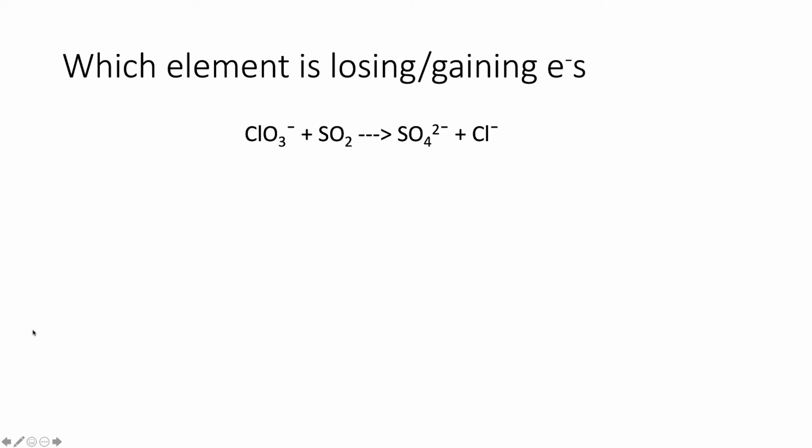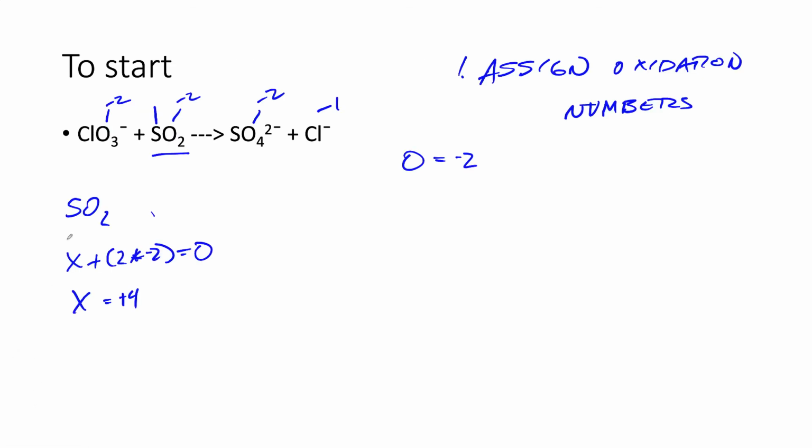Sorry, I lost my pen. Let me get this back. For some reason, it decided to be on automatic. So that's a +4. What's the sulfur on this end? On the right-hand side, we've got SO4 2 minus, or -2, it all means the same thing.